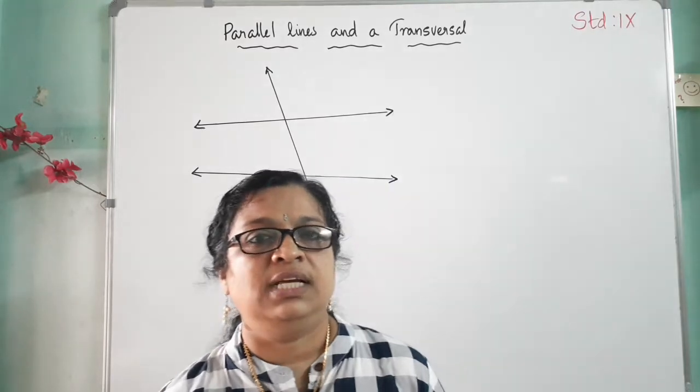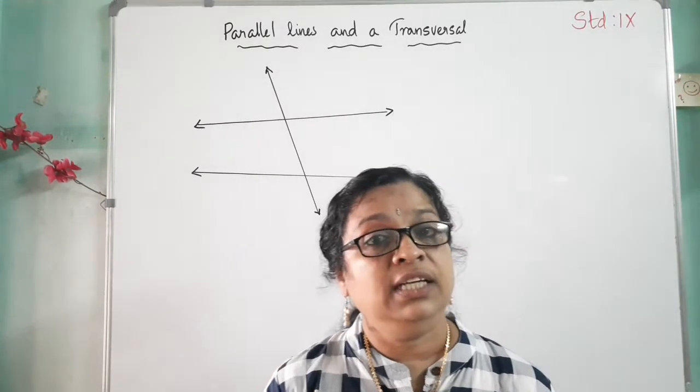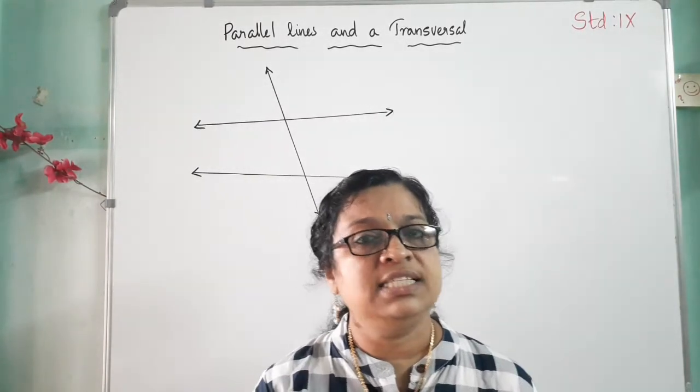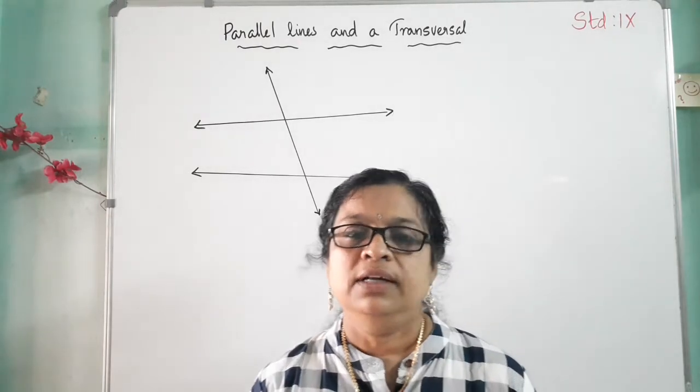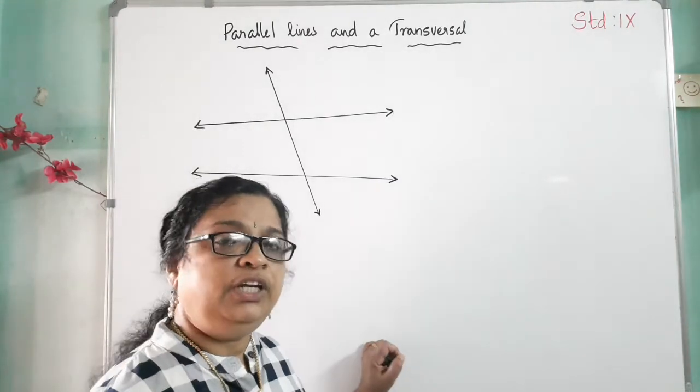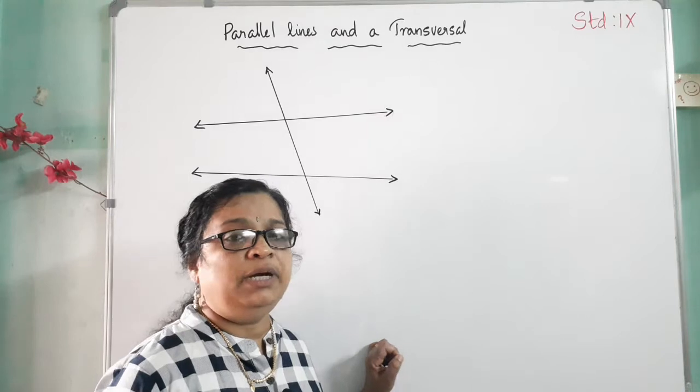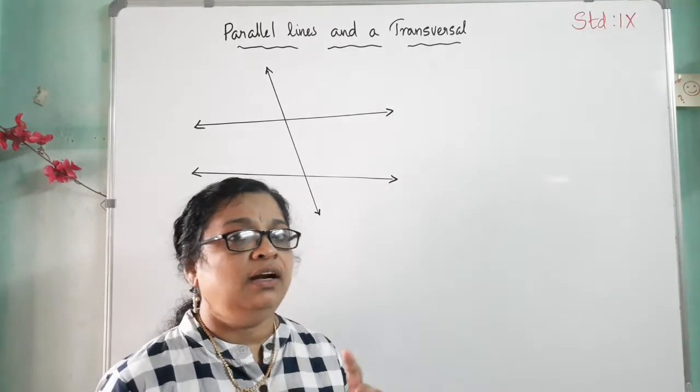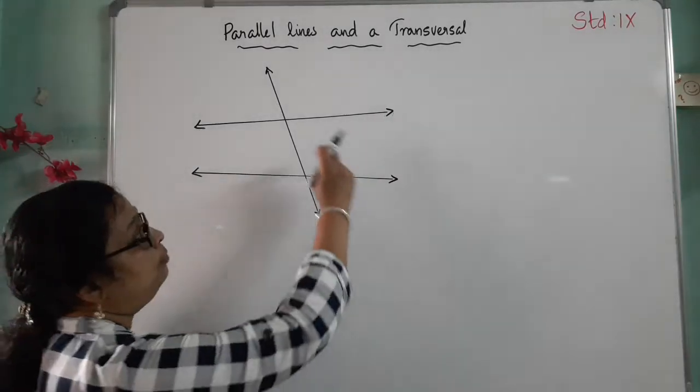Then a transversal is a line that intersects two or more lines at distinct points. Also we know that lines are represented by two capital letters or a single small letter. Here I draw three lines.